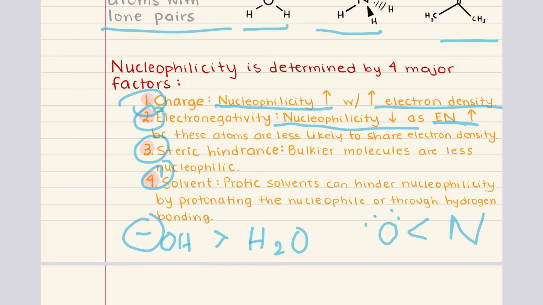Protic solvents like water and alcohols hinder nucleophilicity because they can hydrogen bond to and stabilize nucleophiles, reducing their reactivity. This is particularly relevant for negatively charged nucleophiles like halide ions.